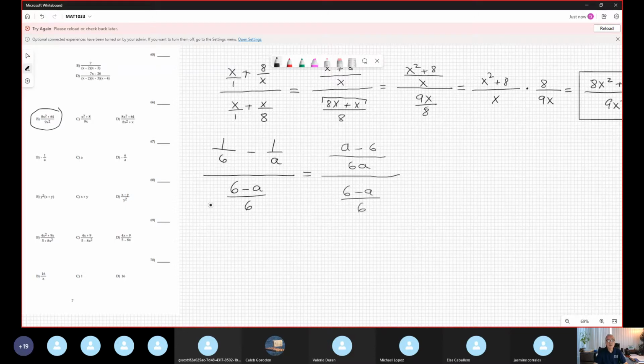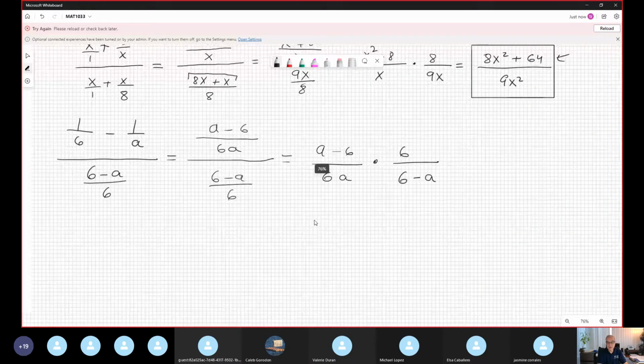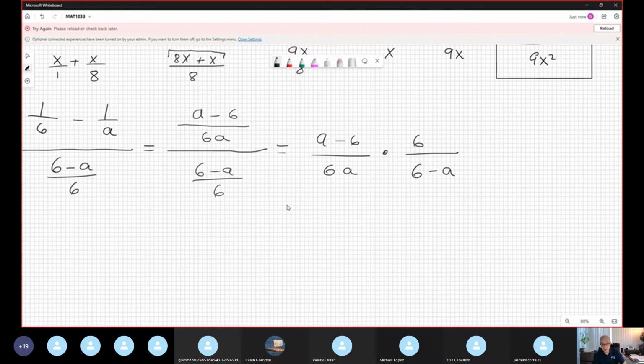Now ready to apply the complex principle. I copy the top part exactly the same. I don't touch it, just bring it down. Now multiplication and flip it up: 6 over 6 minus a. Well, it looks easy, but I need to use my knowledge.